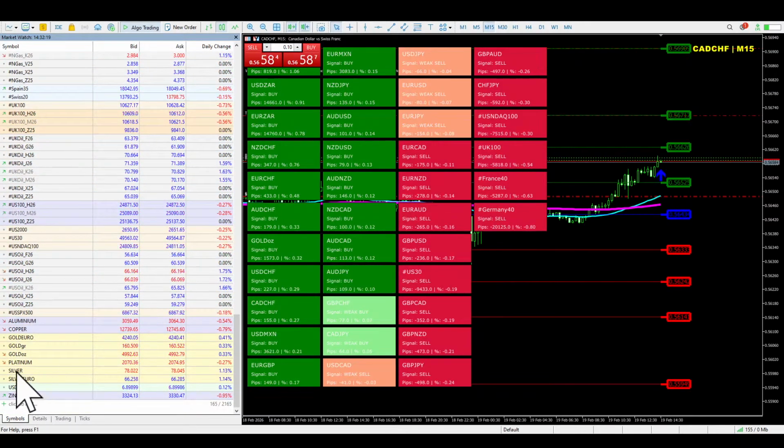So I'm going to add gold and silver, and then I'm also going to add aluminium. We don't really trade that, but just for interest's sake, I'm going to do it right now. Gold, and then silver.